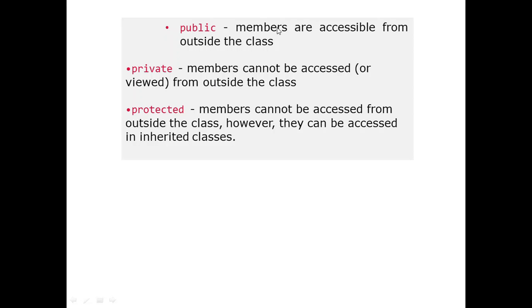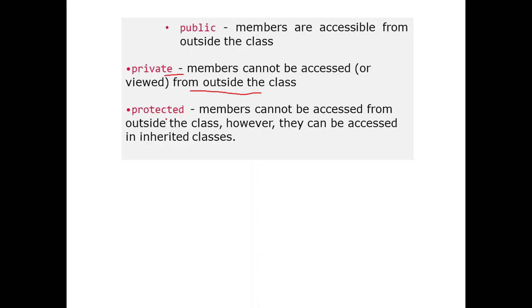Public means the members are accessible outside the class. We have declared every data member and every function within the class, and if we declare our members as public, these members are accessible outside the class also. In the case of private, the members within a class cannot be accessed from outside the class.